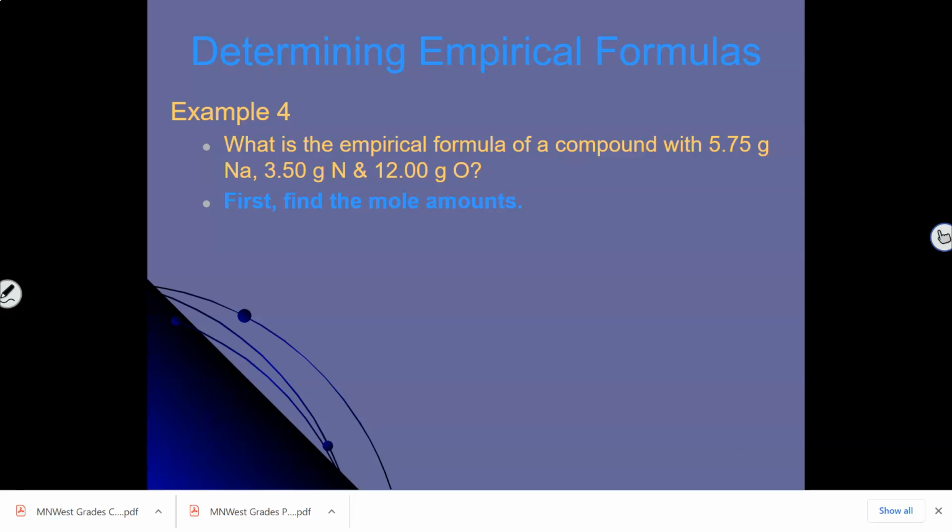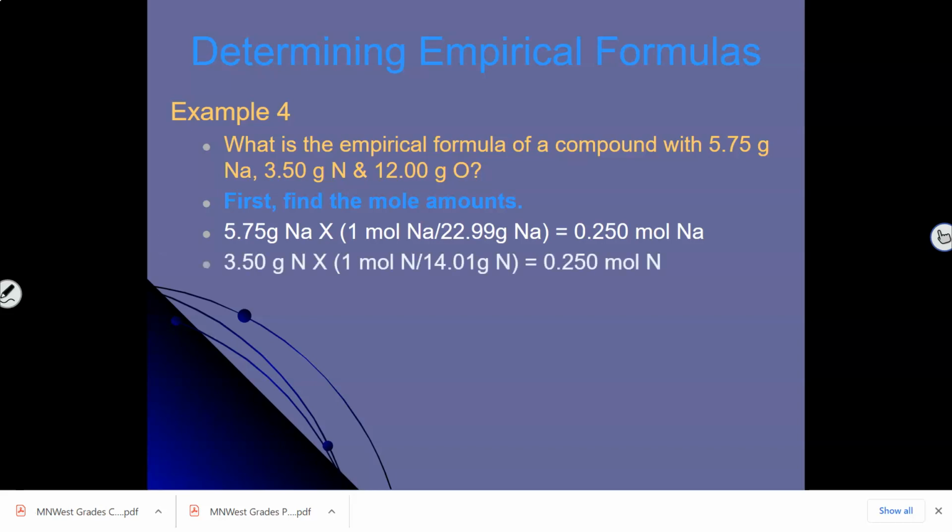So we want to look at what the ratio is here. First we're going to find the moles of each one of those. For sodium, I would take the mass of sodium that I have times 1 mole over 22.99 grams of sodium. Off of the periodic table, I get my moles of sodium. Then I need to do it for nitrogen. I had 3.5 grams. I'm going to take it times 1 mole over 14.01 grams of nitrogen, and I get my moles for that.